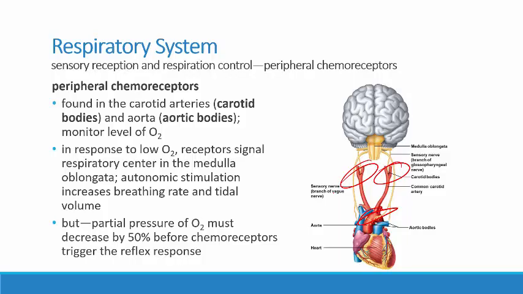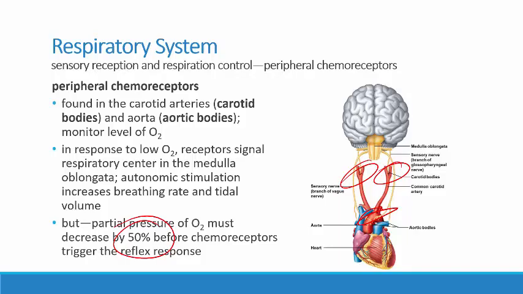You have to have a very, very low partial pressure of oxygen in your blood in order to get these chemoreceptors to respond. It has to drop by 50% off of what is normal in order for the chemoreceptors to trigger this reflexive response.